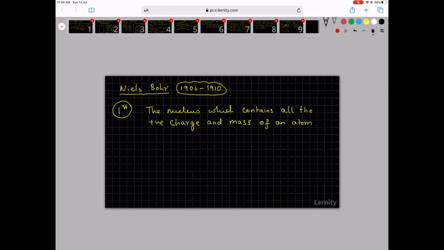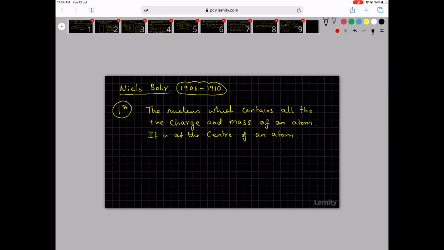Then it is at the center of an atom. There is no change in this point.